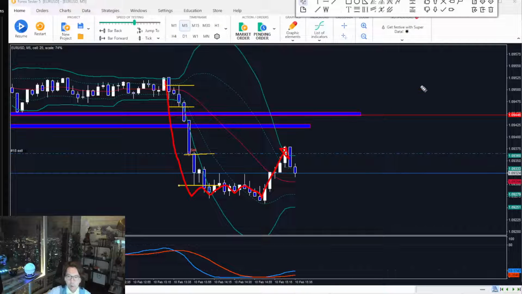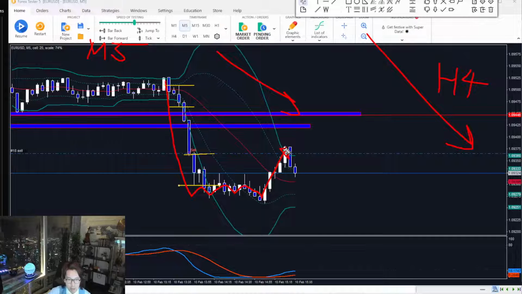And the 4 hour time frame is still down. So that means this 5-minute should still be a downtrend, right? So this pullback may be only a pullback for this new downtrend on the 5-minute, right? So with that logic behind, I don't exit my trade yet.